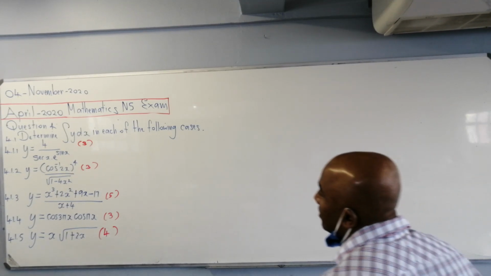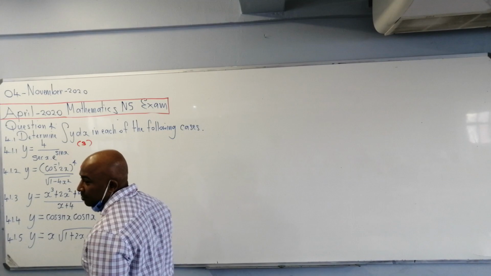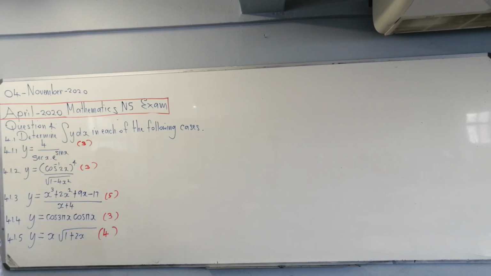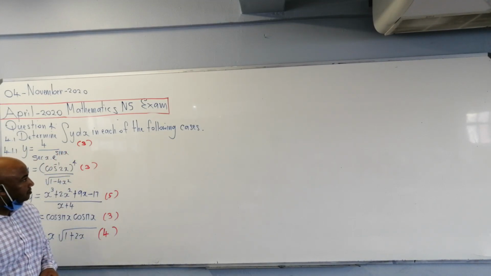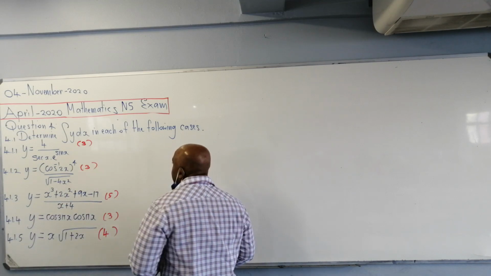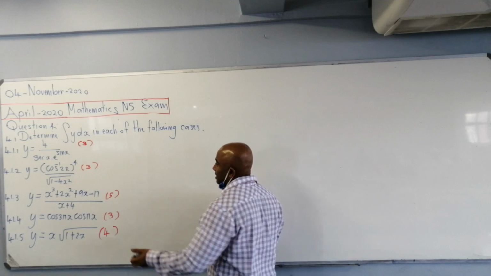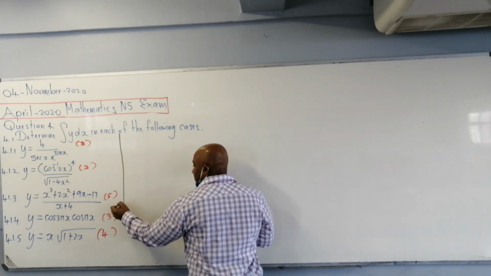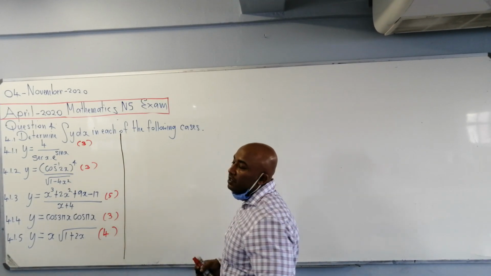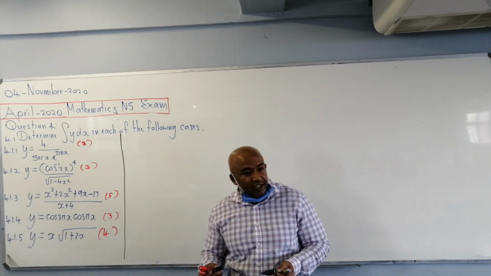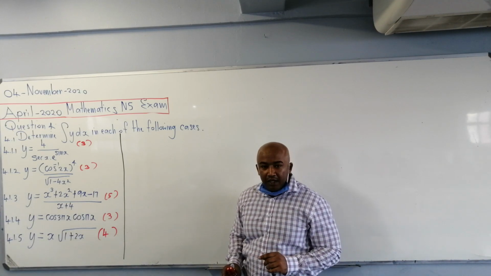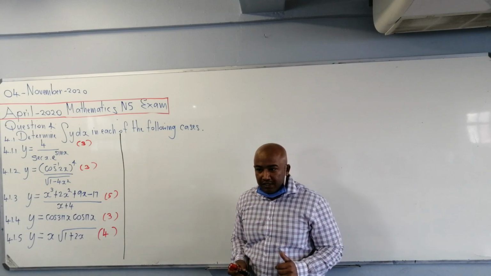Okay, we're going back to question 4, integration, 4.1.1. We need to integrate that, so let's write it down. Now, a common mistake is when you transfer information to your answer booklets.